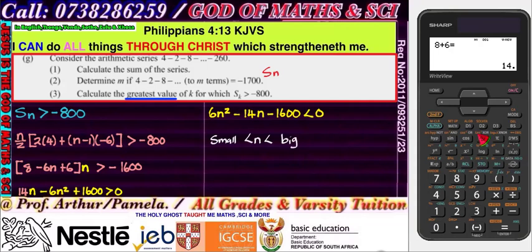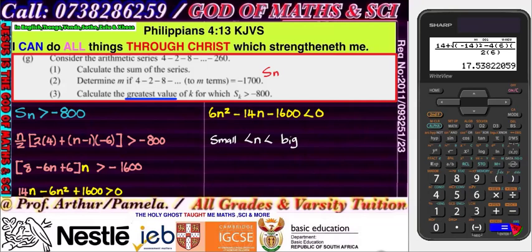Right. So let's do our calculation using the quadratic formula. We say minus b, there, minus 14. So it's going to come out to be plus 14 plus the square root of the parentheses minus 14 squared, minus 4 times a, which is 6, and then times negative 1600, all over 2 times a, which is 6.